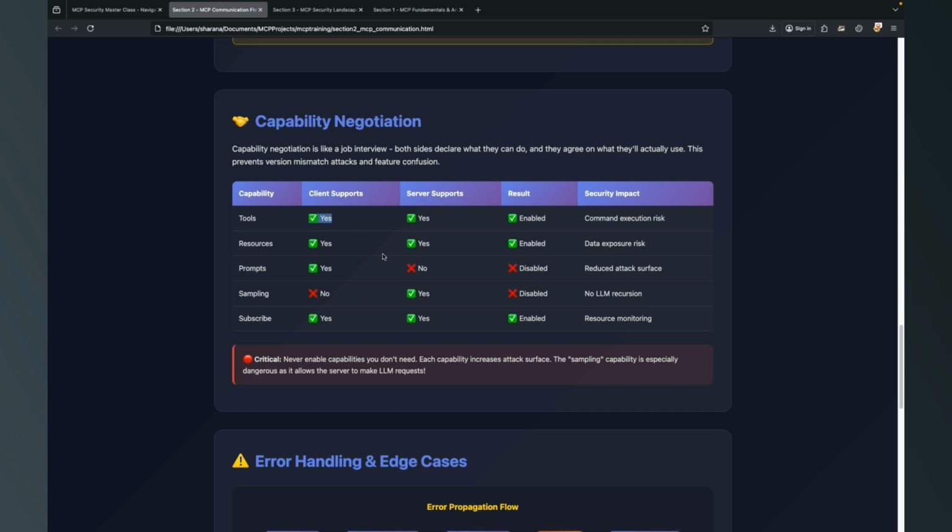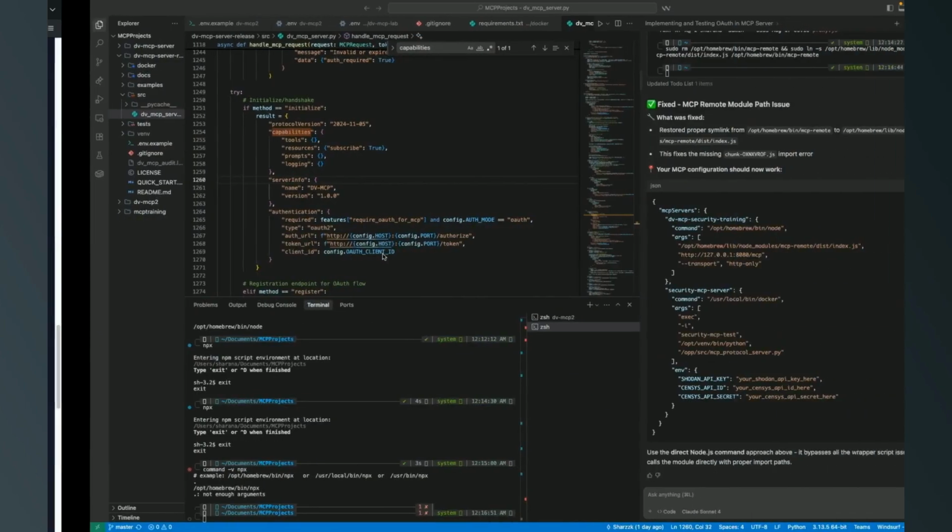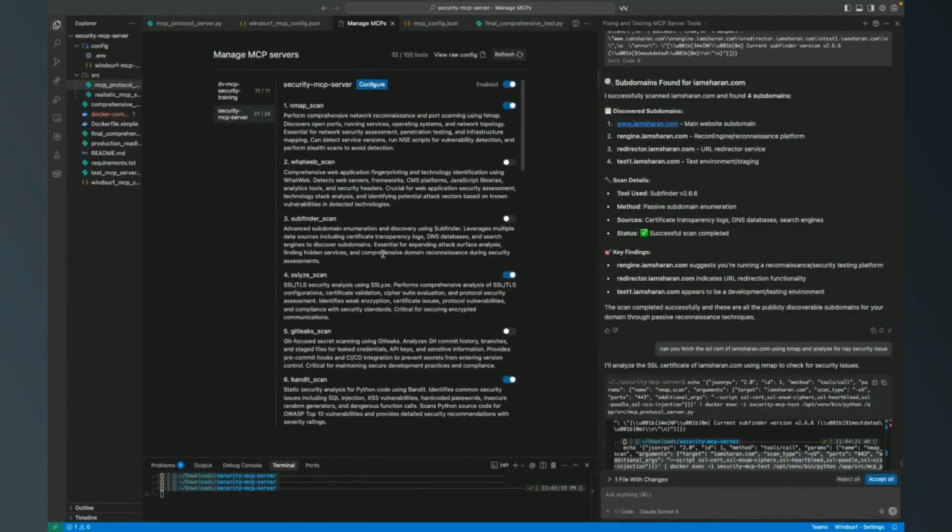Tools are something we are already aware of. Tools are the functionality or actions exposed by the server to perform some actions, which can be triggered from the client side. Whenever you configure tools, you need to ensure they are tools that you actually require.